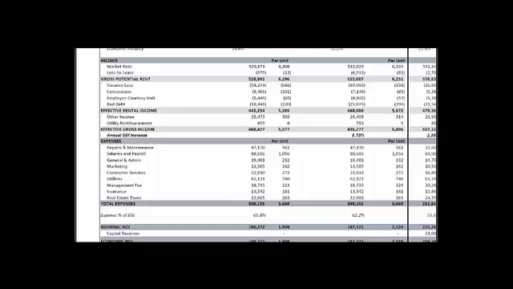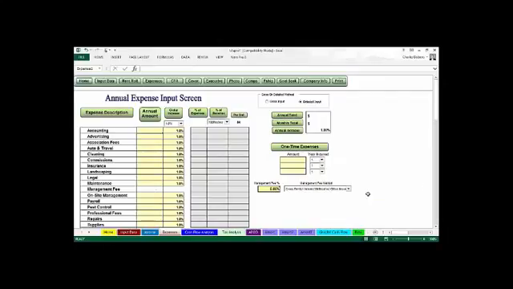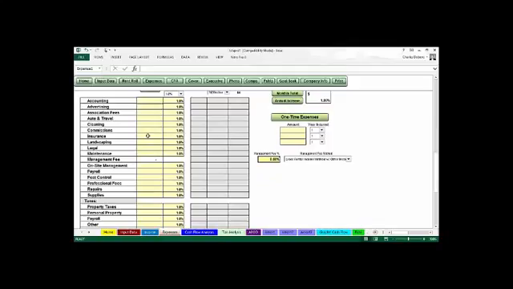Okay, so this guy's pretty much got these numbers laid out very easily. We should be able to put these numbers in very quickly. So let's take a look at the insurance. He's got 13,542. And then let me see, what else do we have? Landscaping, legal.